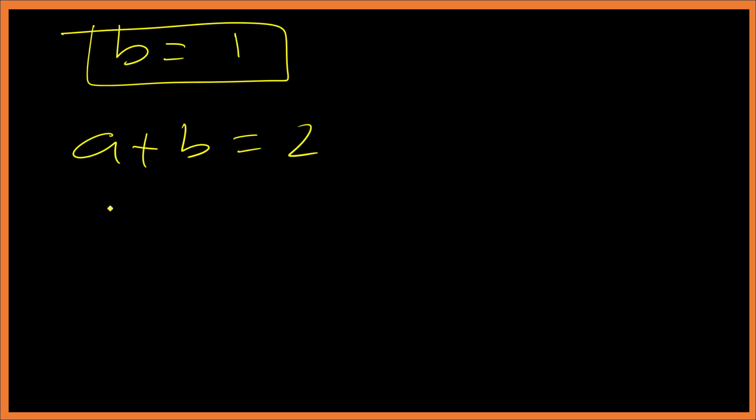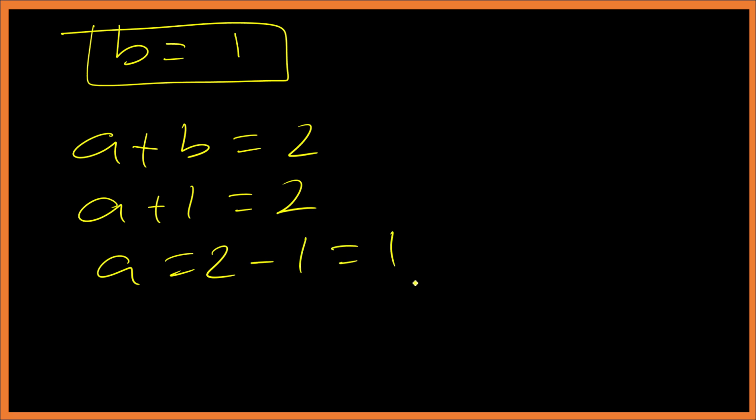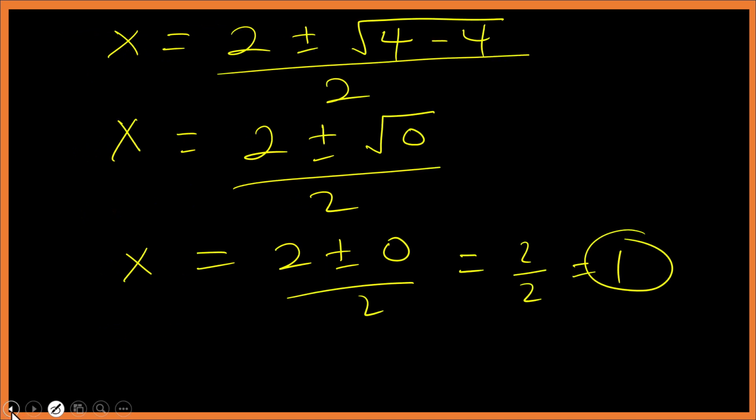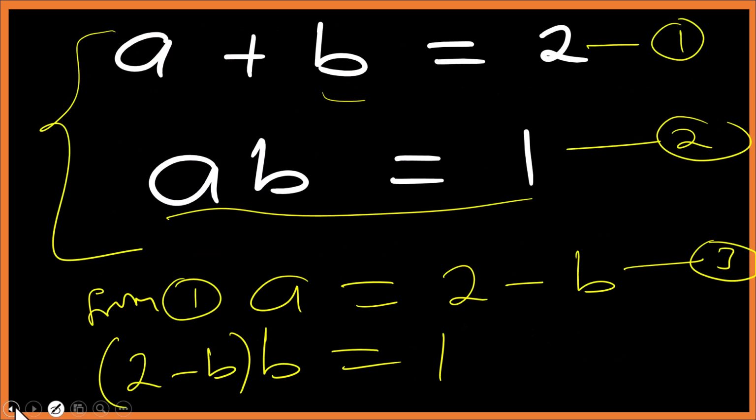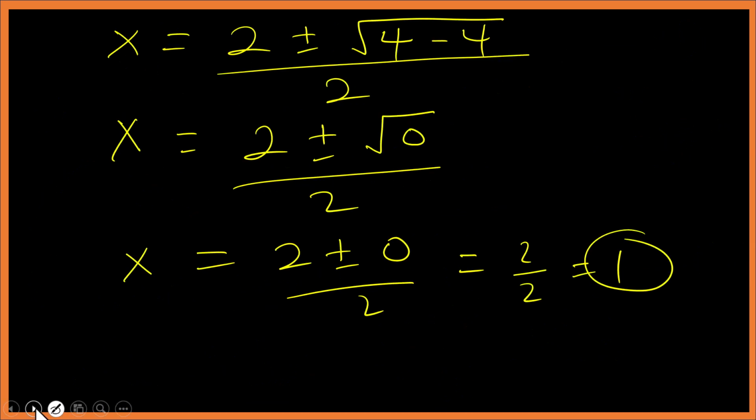So if I put 1 here, 2 minus 1, that is 1. So a is equal to 1. So a is 1, b is 1, and ab is 1 times 1, which is 1. As simple as that. Okay, so we have that.